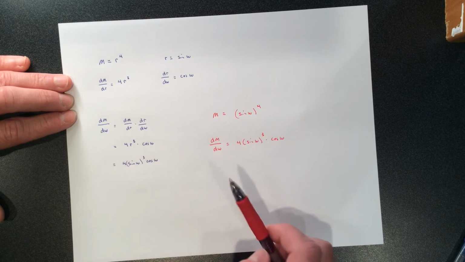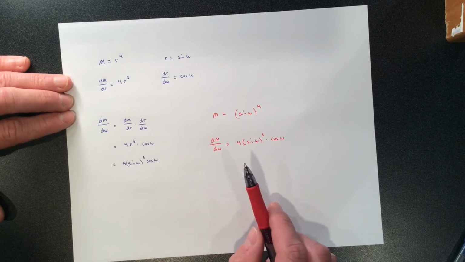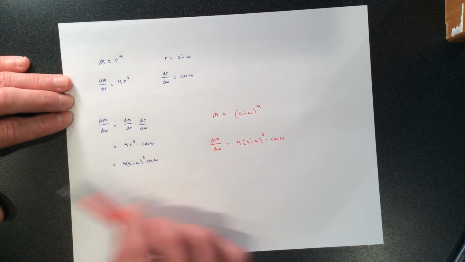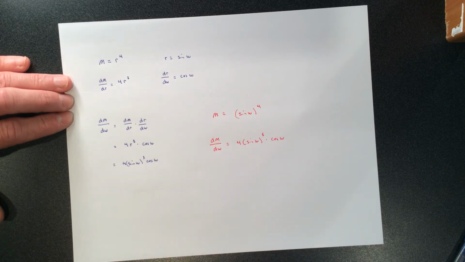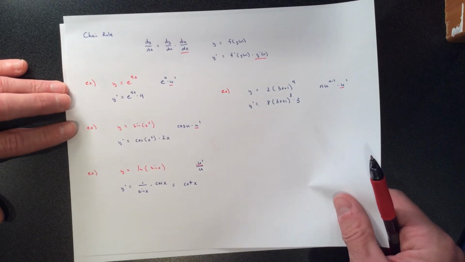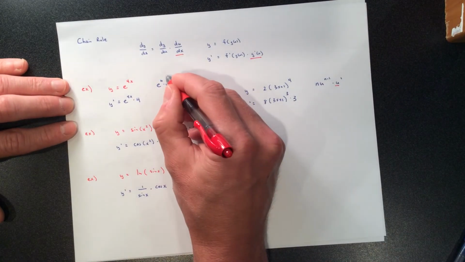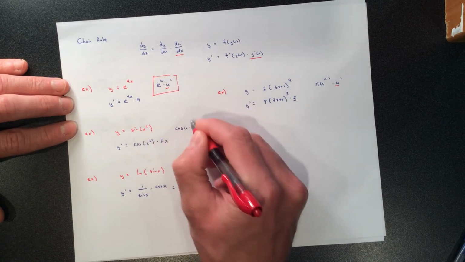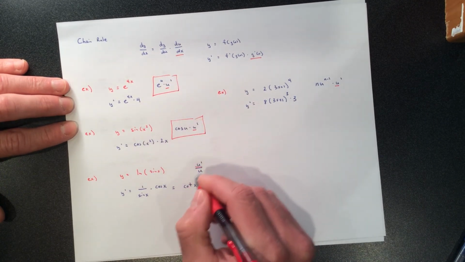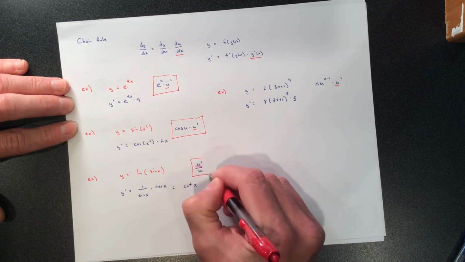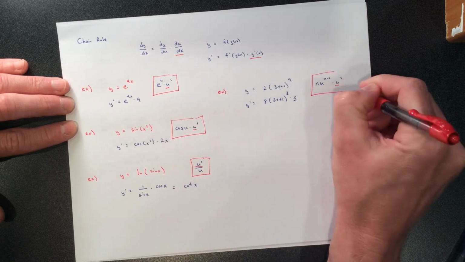Okay, hopefully this video got you started on the chain rule. But again, if you are struggling with the chain rule, make sure that you know your basic rules of how to take exponentials, trig functions, logarithms, power rule.